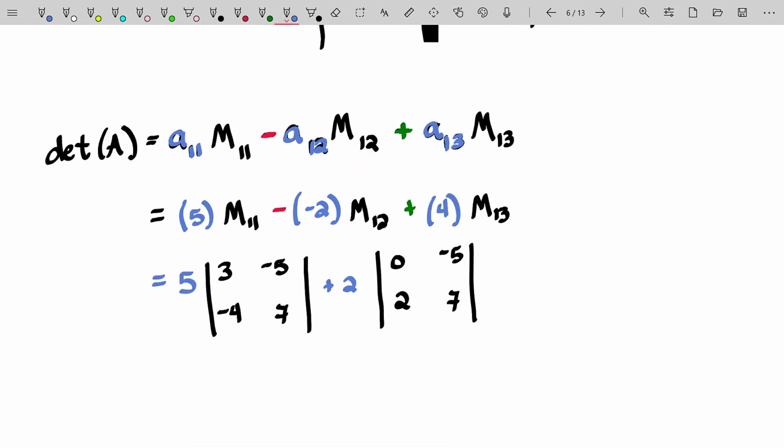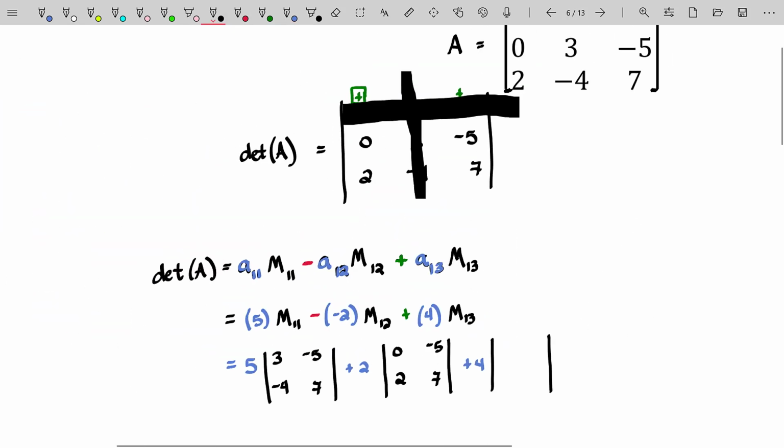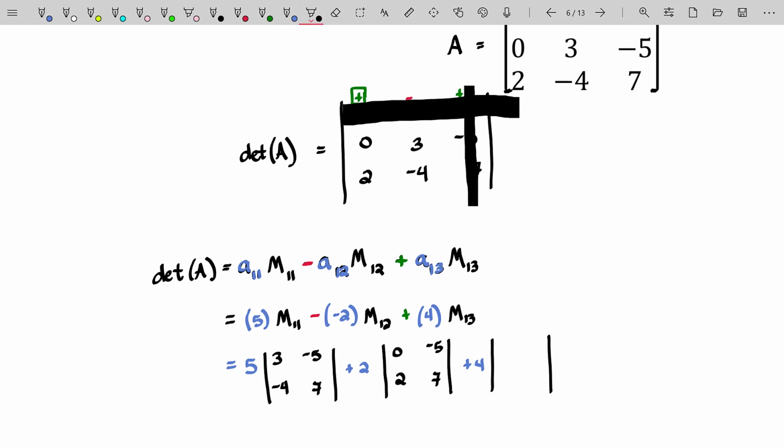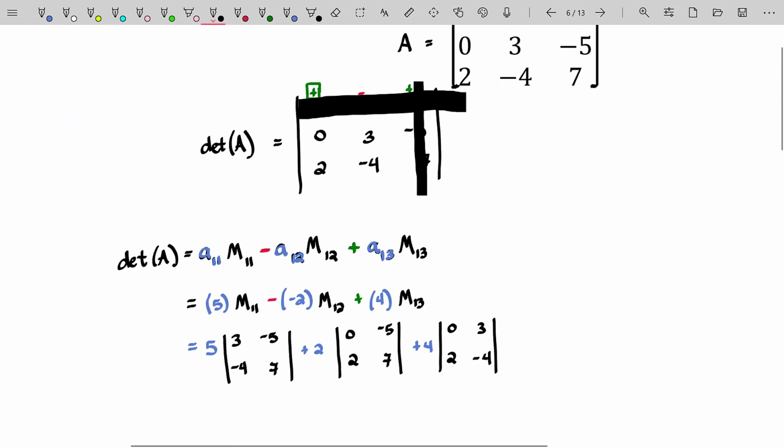Then we move on, plus 4 times the determinant of the matrix left over after you remove the first row, third column from A. Looking up to A here, we have removed the first row. Let's remove the third column. And you see we have 0, 3, 2, negative 4. It's a good idea to double check that your entries are correct. 0, 3, 2, negative 4, that looks correct to me. So I'll just go ahead and make this matrix reappear.